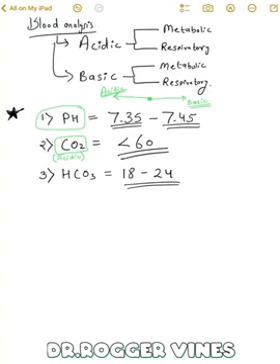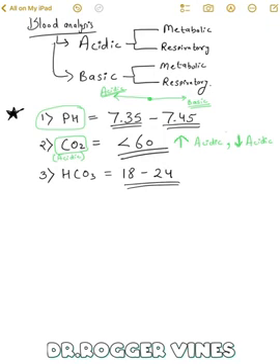If the CO2 level is more than 60, more CO2 is present, right? It is more acidic. And if the value is less than 60, we can say it is less acidic.